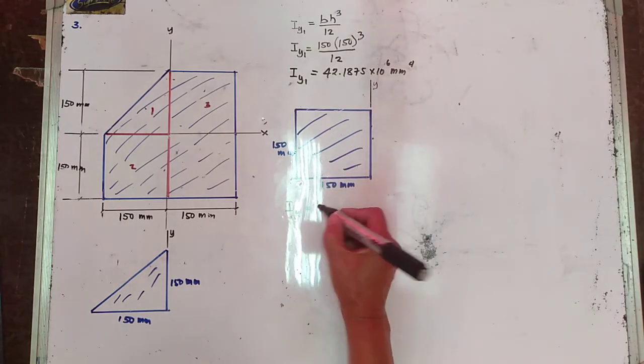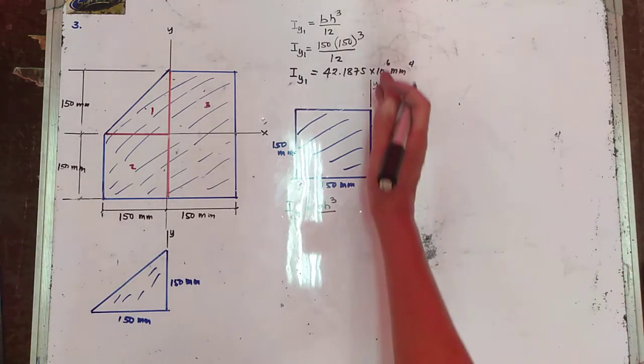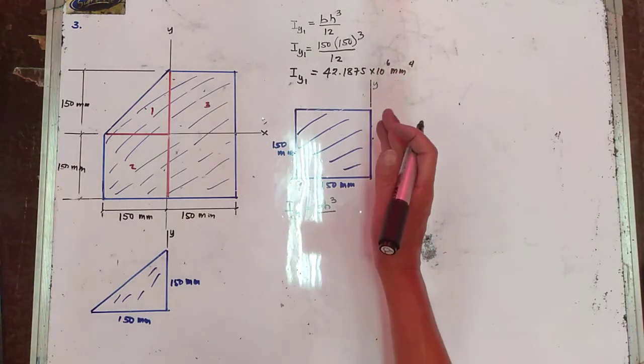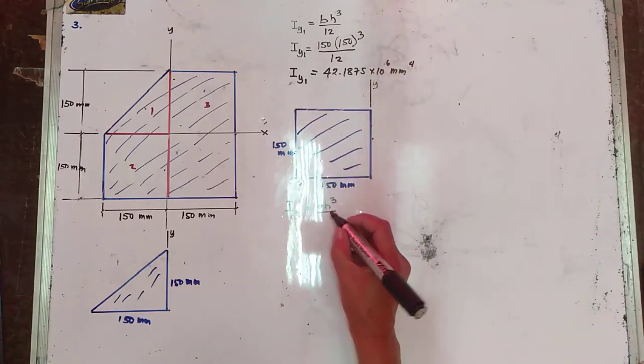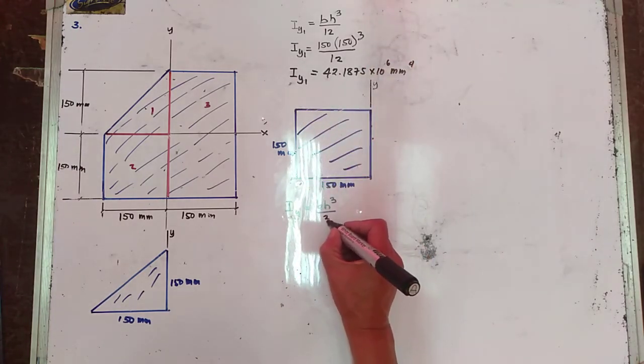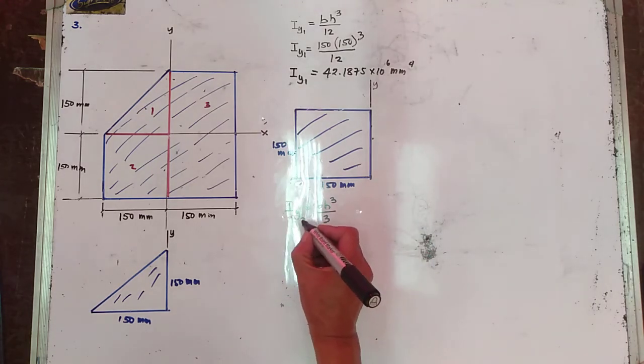Now, since the y-axis in here passes through the base of this rectangular area, that is bh cubed all over 3.